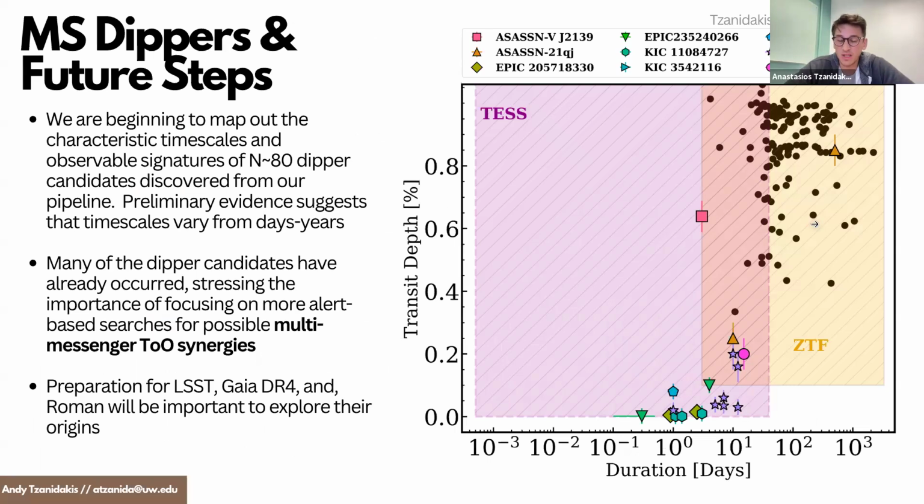One thing we're hoping to get out of this study is a sort of average model of what most of these dimming events look like. Are they all Gaussian? What are their characteristic timescales and things like that? So not yet, but hopefully we'll be able to run some simulations before LSST comes online.